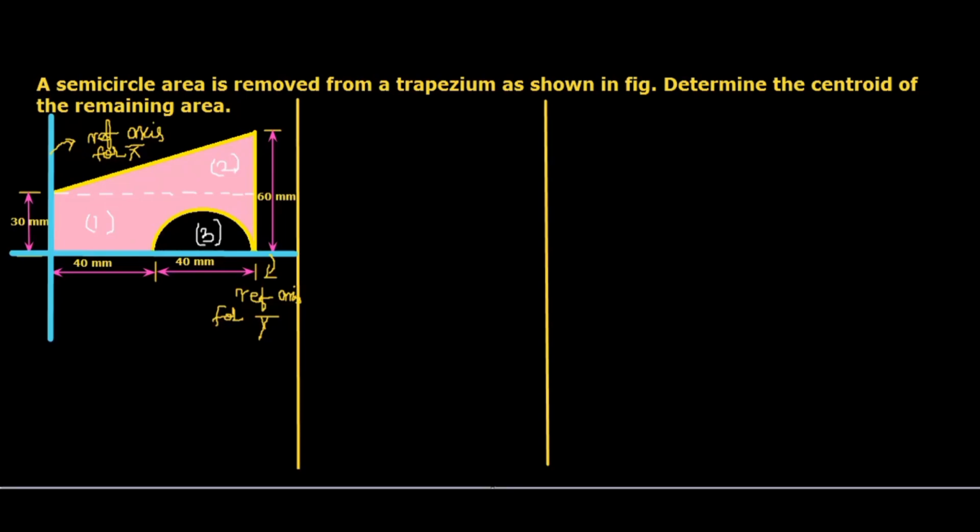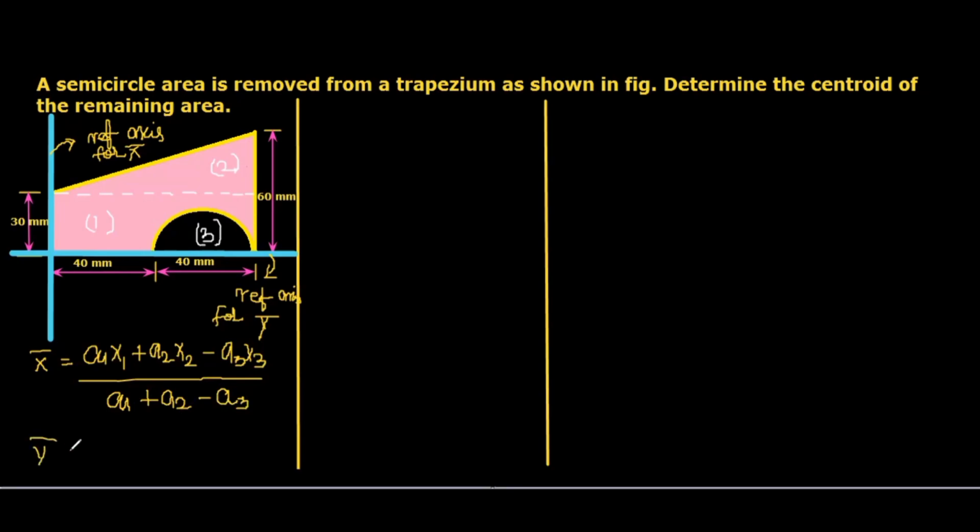Here we have to calculate both x bar and y bar. So I will write the formulas here. For x bar, 1 and 2 will be added, 3 will be subtracted. So x bar = (a1 x1 + a2 x2 - a3 x3) divided by (a1 + a2 - a3).